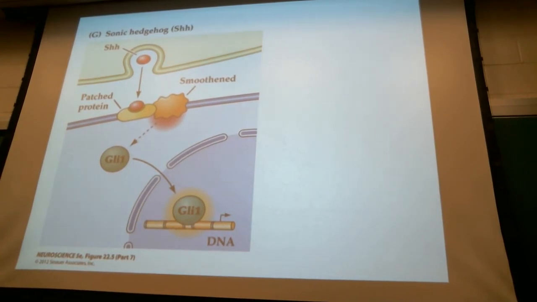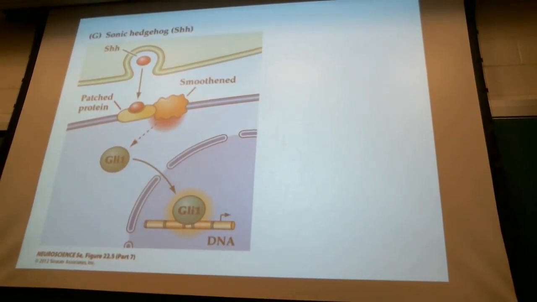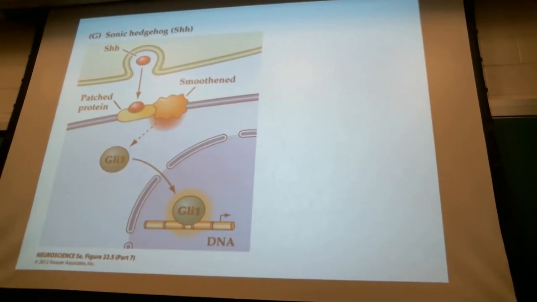As you will see, we're going to learn a lot about transcription factors, and they often have a name with 3 letters and a number. So it's pretty intimidating looking, but they are just transcription factors. Please relax.